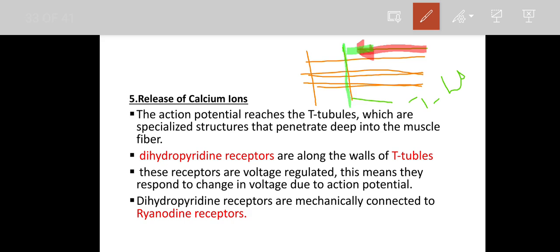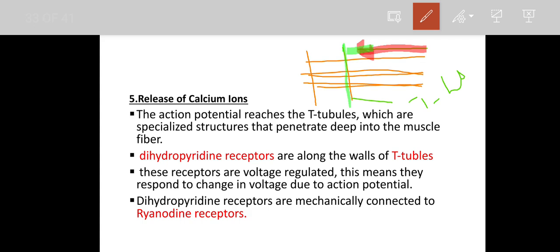So it's going to move along the muscle fiber and then down the T-tubules, penetrating into the muscle fiber.